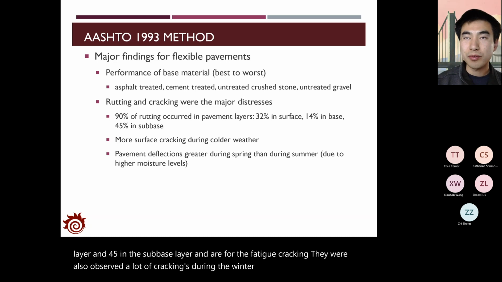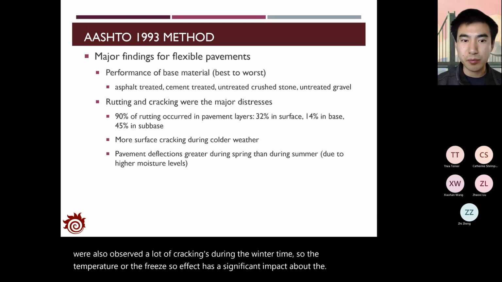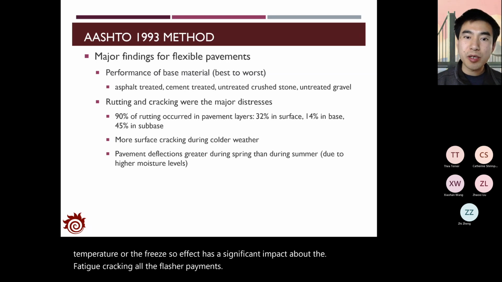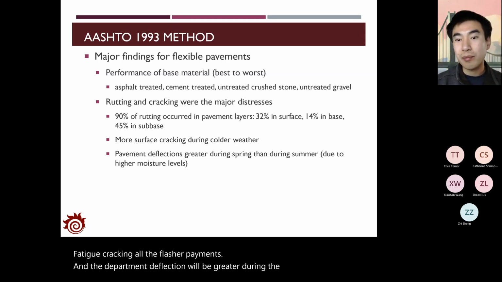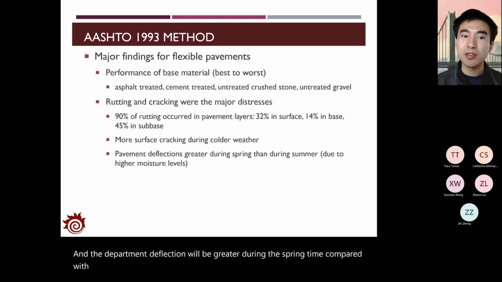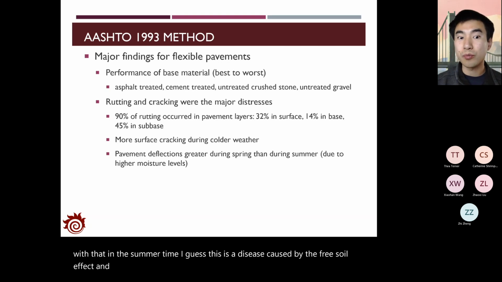So the temperature or the freeze thaw effect has a significant impact on the fatigue cracking of the flexible pavement. And the pavement deflection will be greater during the springtime compared with the summertime. I guess this is caused by the freeze thaw effect and the increased moisture contents of the subgrade layers.